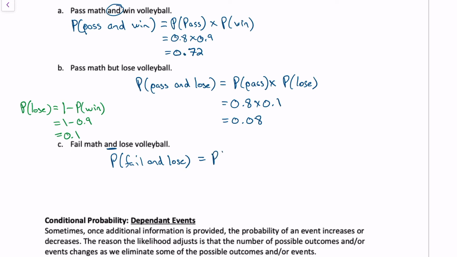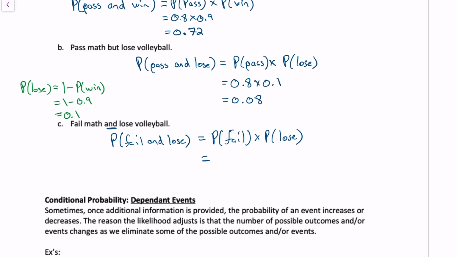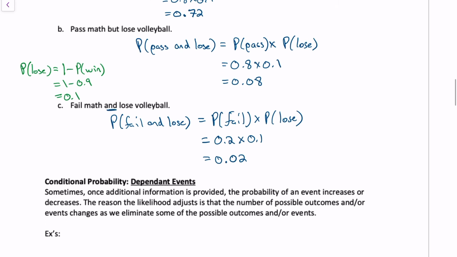I guess there's an outside chance that one could impact the other, but we're going to assume that they don't. So I'm going to take the complement of passing, so failing. It was 0.8 to pass, so that makes failing 0.2. And then the lose we already figured out, 0.1. And we get a 0.02 chance that that's going to happen, or a 2% chance.